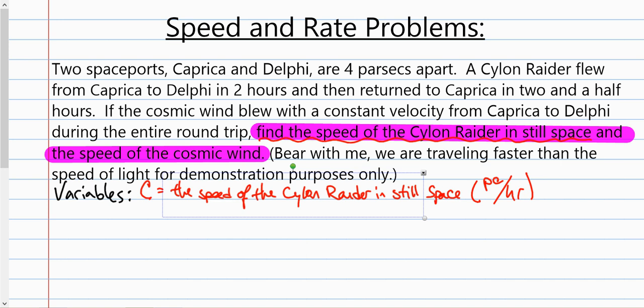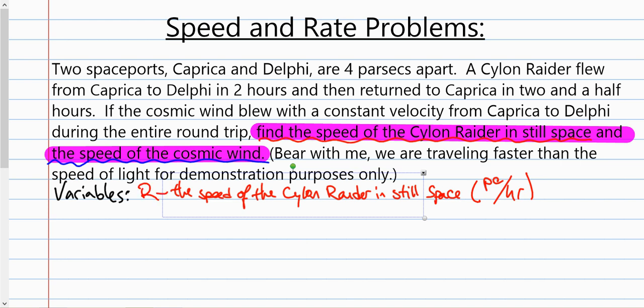And then let's do maybe blue for the speed of the cosmic wind. I didn't think about that one very well, did I? I'm going to change the variable letter that I used for my Cylon radar. I actually am going to want to change that because I want variables that are very descriptive.